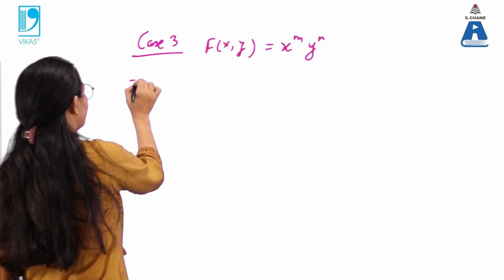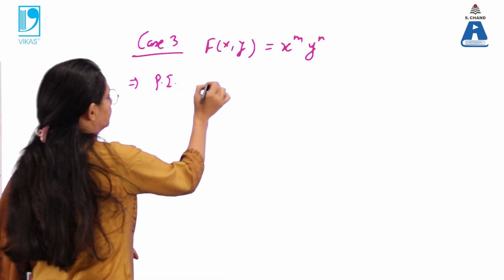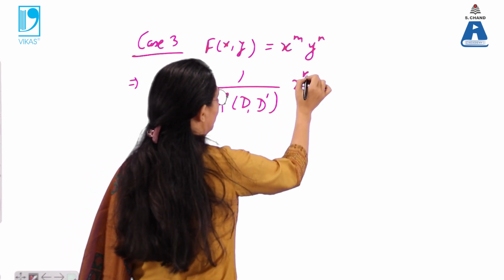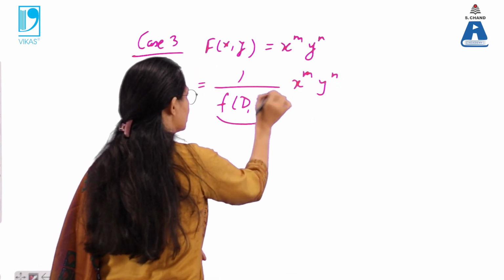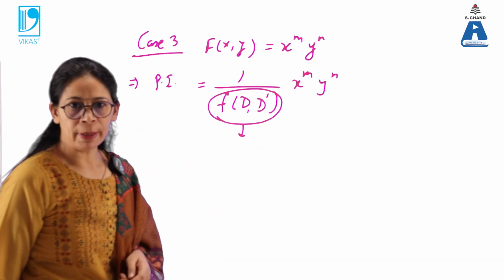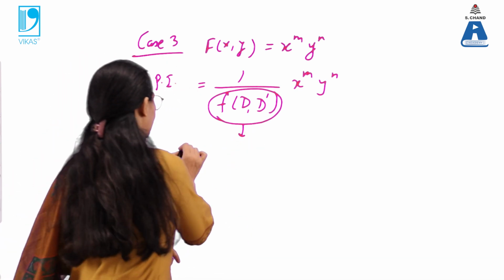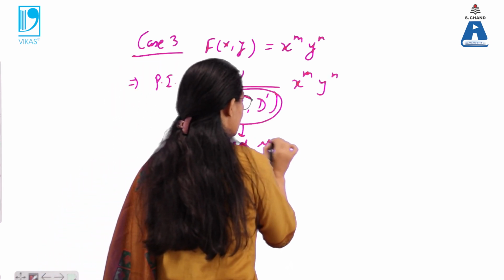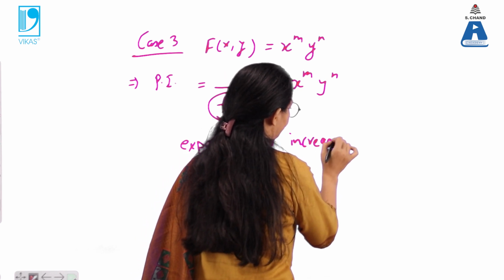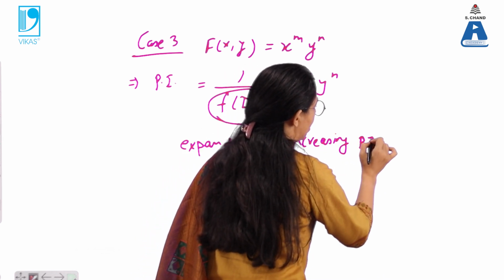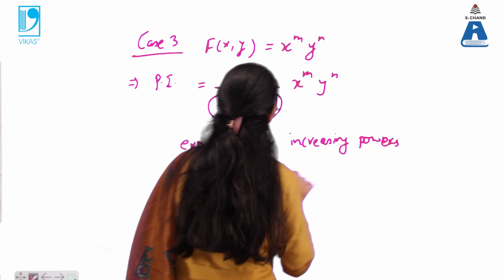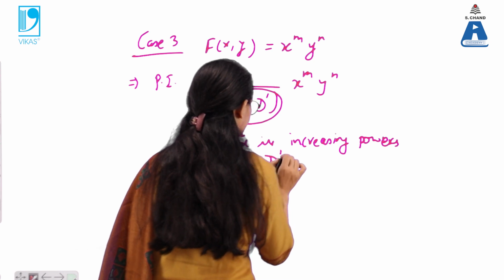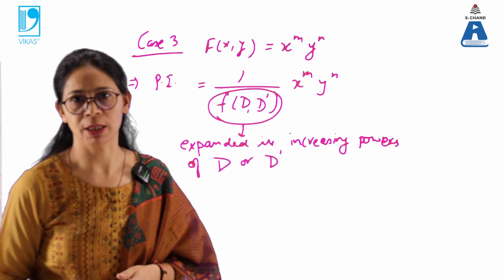In that case, the PI, 1 over f(D, D dash) x^m y^n, will be expanded in increasing powers of D or D dash, and then the integration can take place.